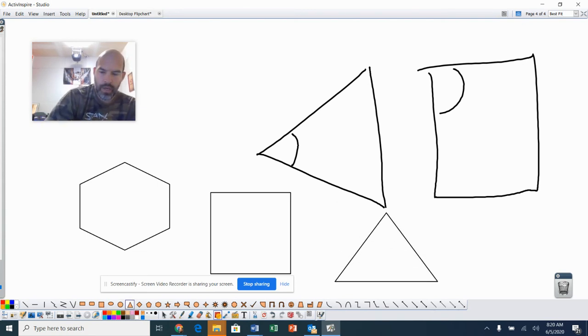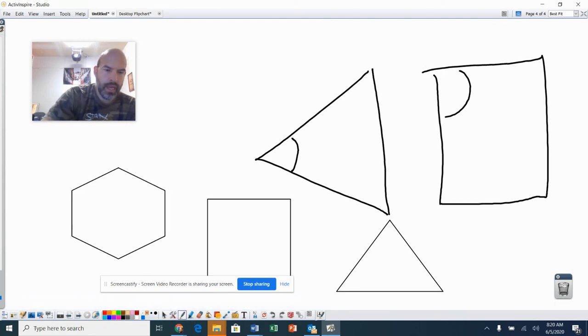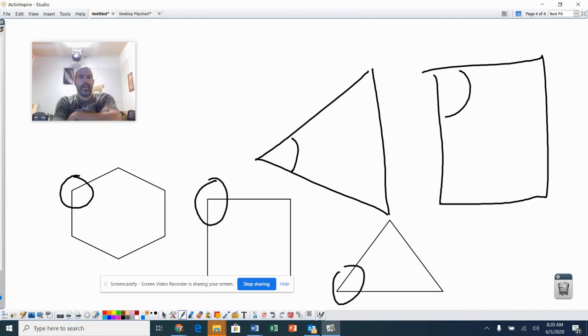Think about each of these and ask yourself, can you find an opening that looks like that, or that, or that around your house? Take some time to look at it for a moment, all right?